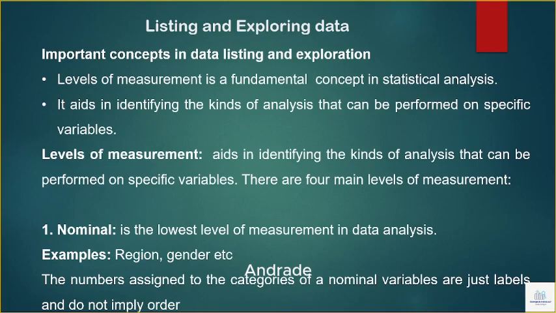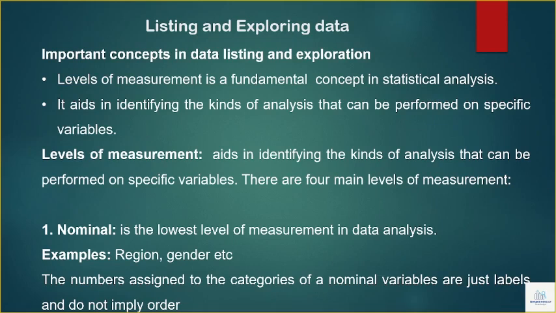Like you want to talk about different regions: southwest, southeast, south south, middle belt, or north central. Although they're agitating that they don't want to be called north central, they want to be called middle belt, whatever it is, or northeast, northwest. You understand what I'm saying? Those ones you cannot say this one is bigger than that one.